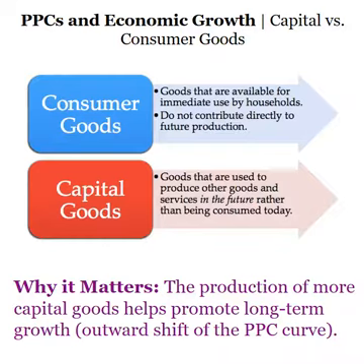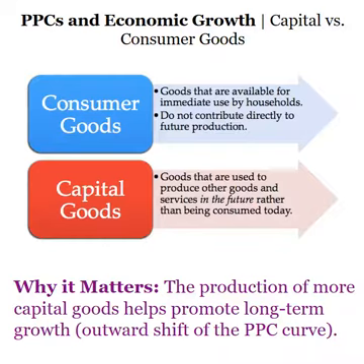So consumer goods are goods that are used by households. These are things like food, clothing, entertainment. These goods do not contribute to future production because they tend to be disposable goods. Capital goods are the other category. If you remember from the factors of production, capital are things like tools and machinery. These goods are used to make other goods.